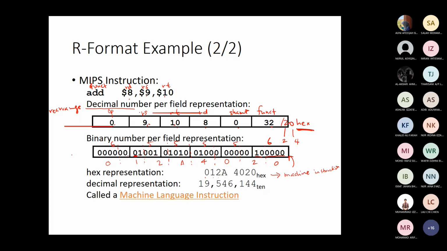This number in hex is what we call the machine language instruction. So if you successfully convert it into a machine instruction, congratulations, you are able to decode your machine instruction.